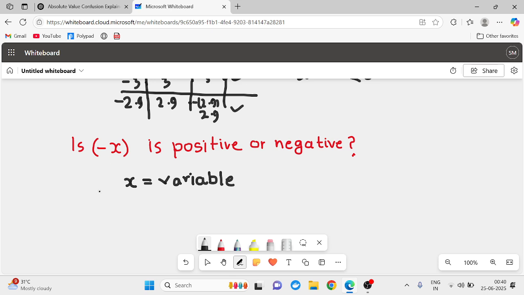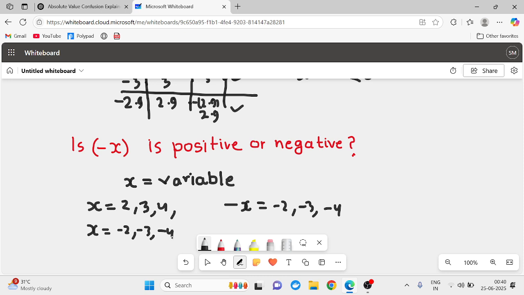So if I take x equal to say 2, 3, 4, it's correct that minus x will be equal to minus 2, minus 3, minus 4, which are negative quantities. And if I take x equal to minus 2, minus 3, minus 4, and so on, minus x will be equal to the positive quantities 2, 3, 4.